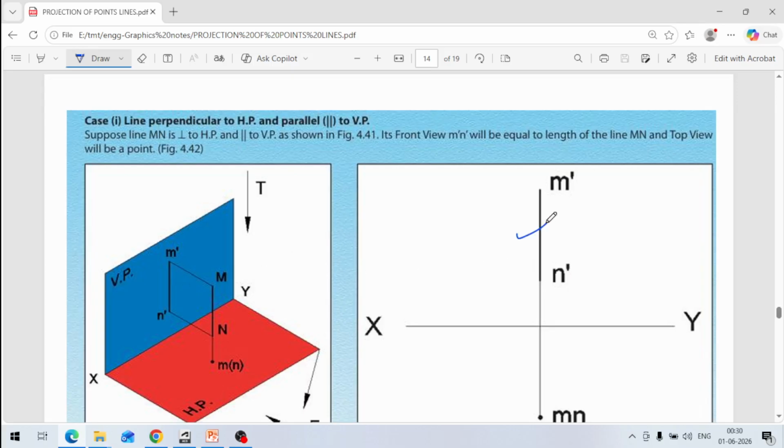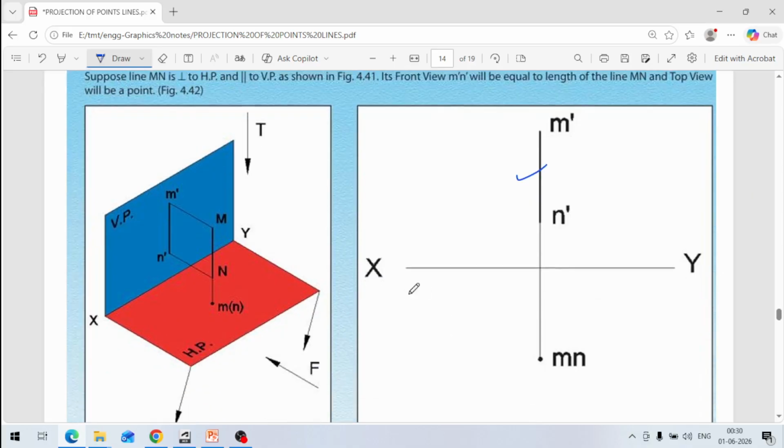This is a vertical line, and then this horizontal plane is rotated by 90 degrees. So what will be the projection here? If we are looking from the top, the projection will be just a point, because the line is vertical and you will get only a point projected on the plane.